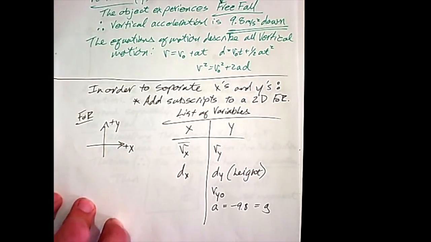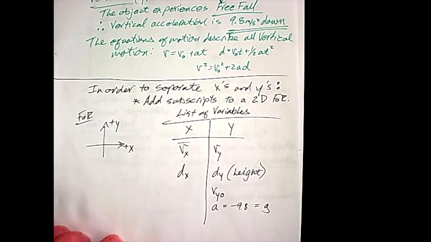So a lot of times we will say G as opposed to A to indicate the fact that we're talking about falling. Exactly the point. Okay, so then in both of these lists, what are we missing? A and V. Time. There is no acceleration on this side, so the only thing missing is time.